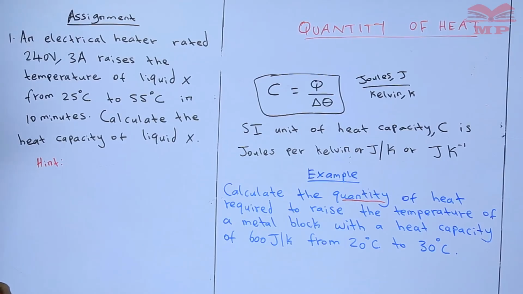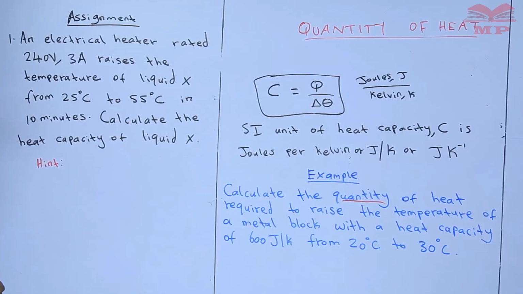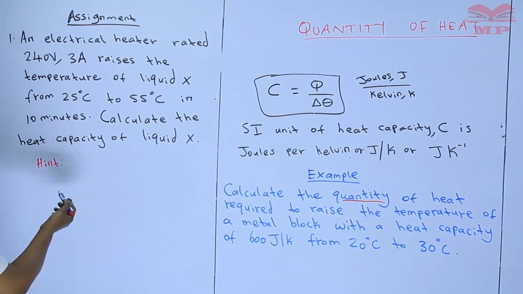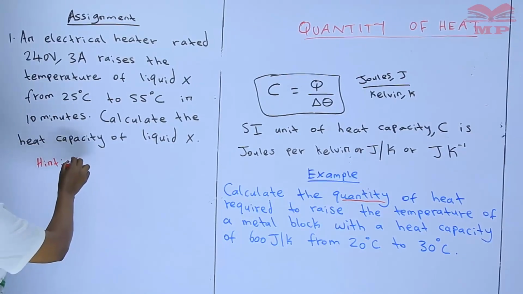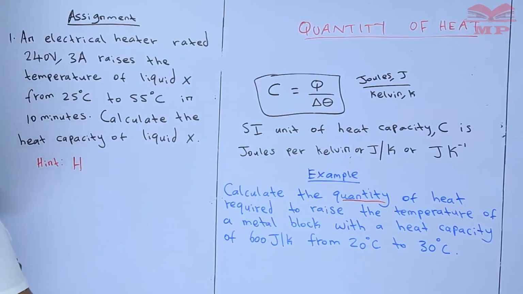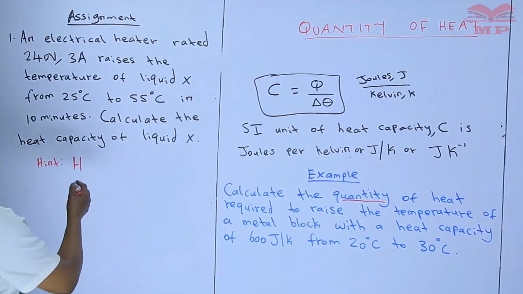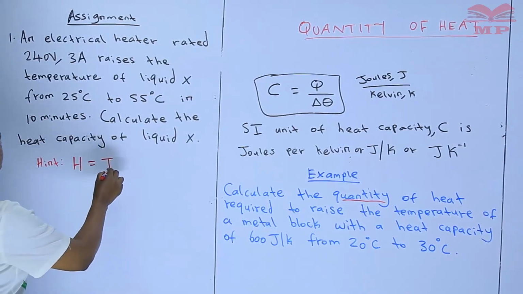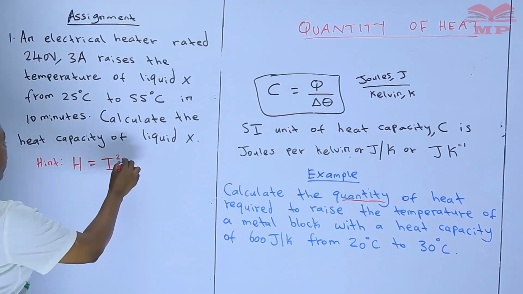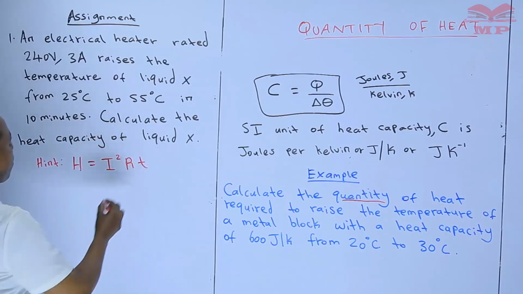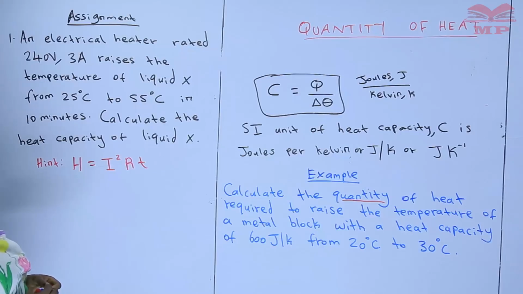So I'd like to give you a hint on this, even as you calculate the heat capacity. Remember from the heating effect of an electric current, a previous topic in Form 3, in Joule's law, we say that heat H, or we can represent it using our Q, is given by current squared multiplied by the resistance multiplied by the time, which we call Joule's law.